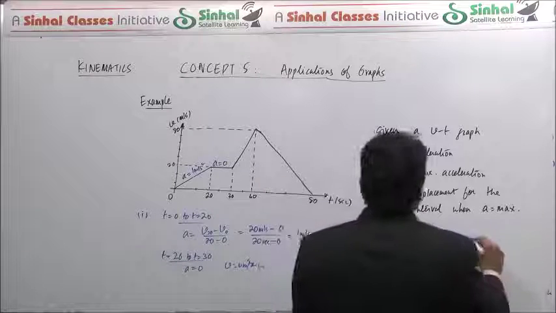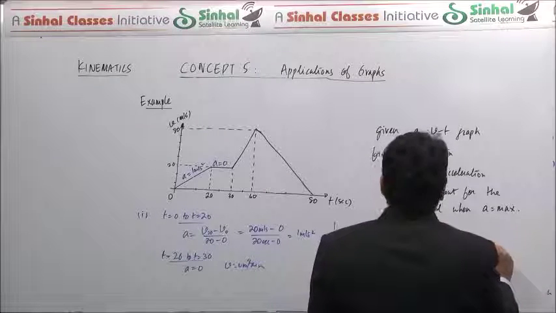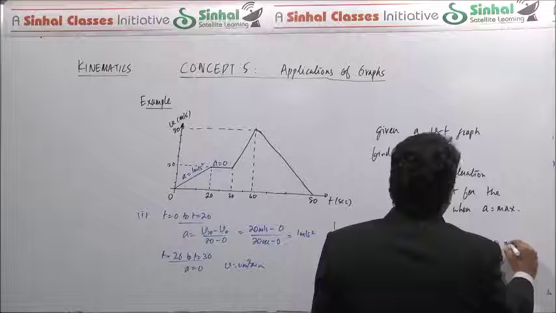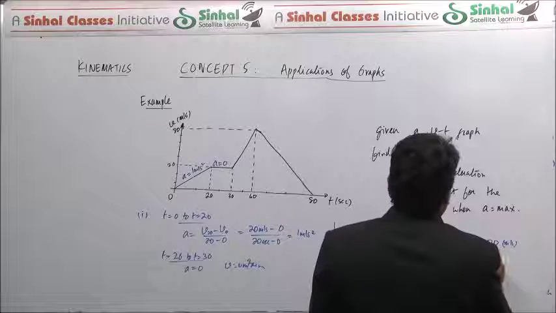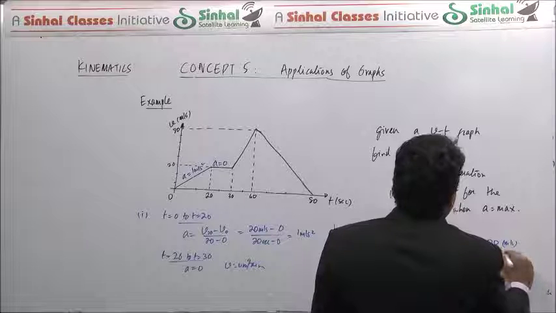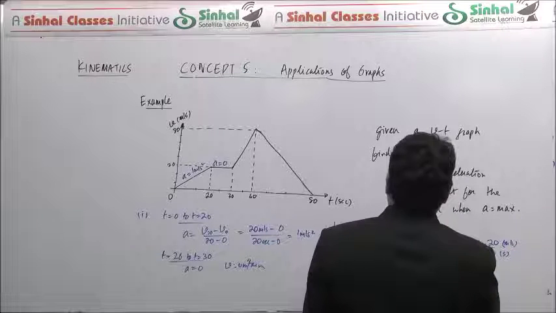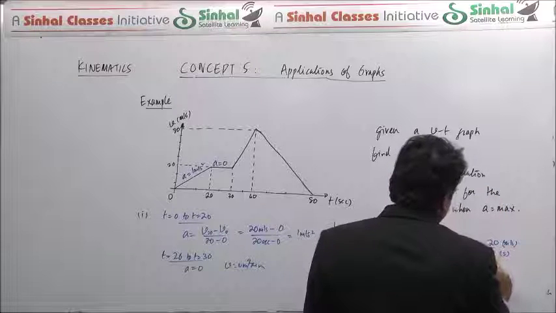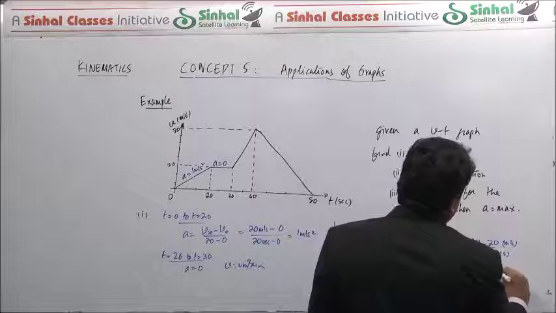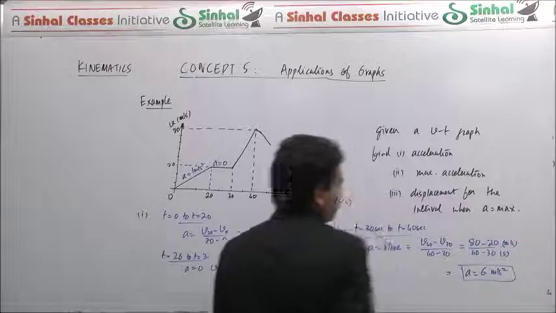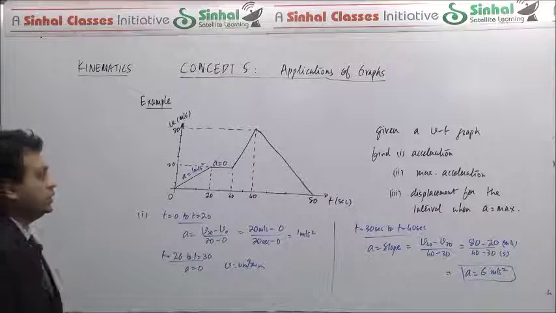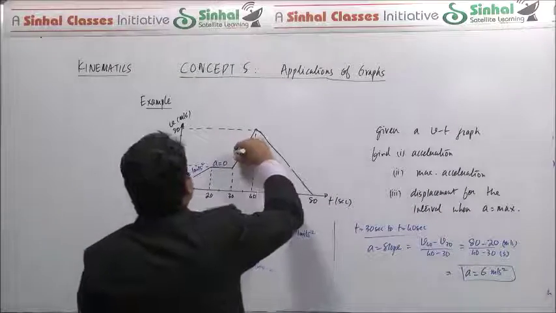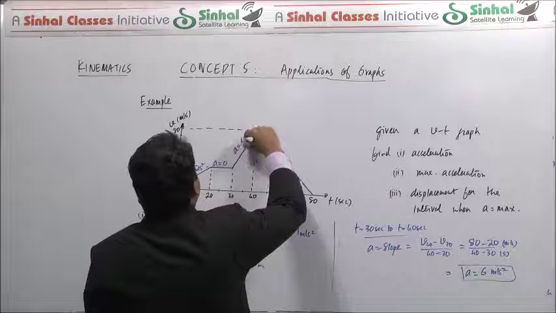So velocity at 40 you can see in the graph is 80, whereas velocity at 30 was 20 in meters per second. So the acceleration will become 6 meters per second during that particular interval. So here you can see the acceleration is 6 meters per second square.